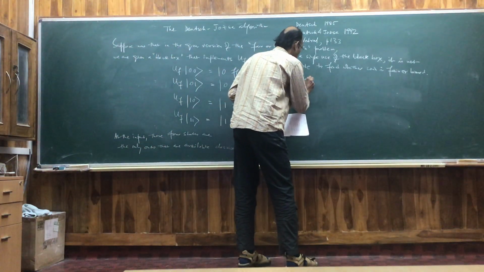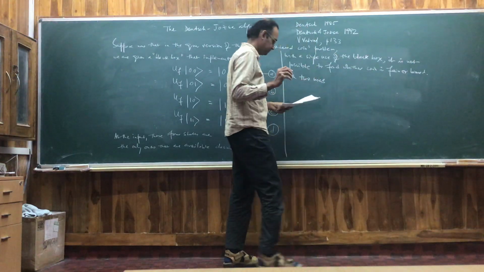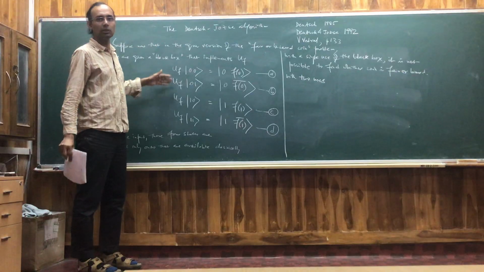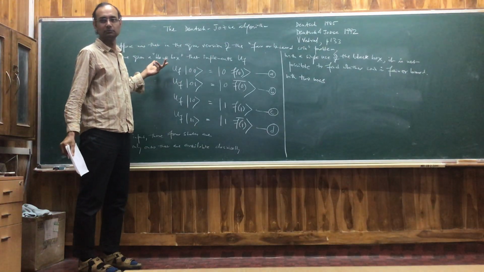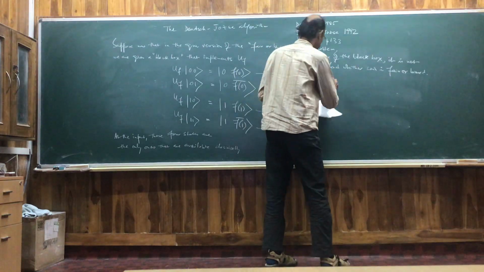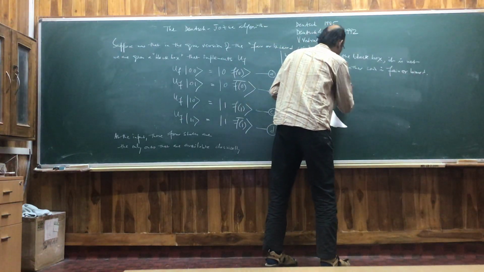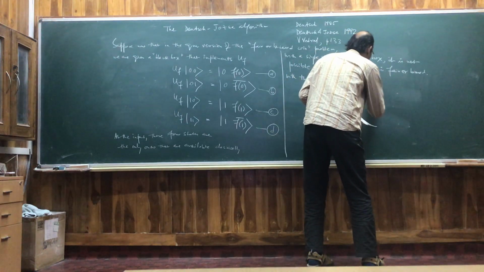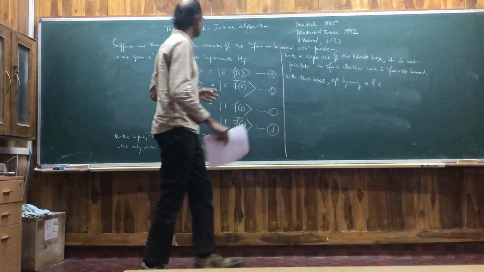With two uses, if I use two lines, I will be able to find it. For example, by using A and C, no sorry, I made a mistake.